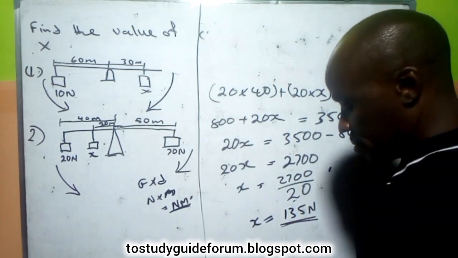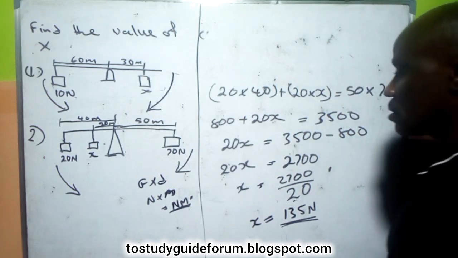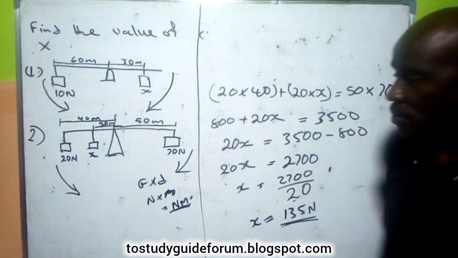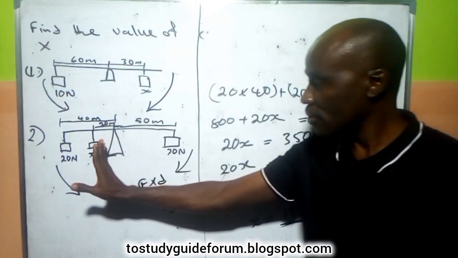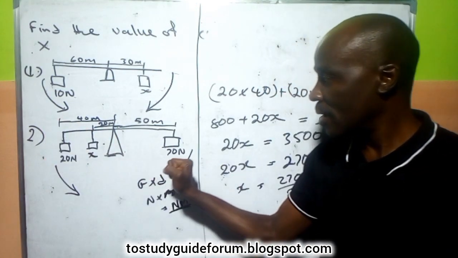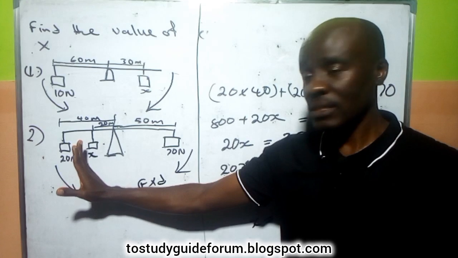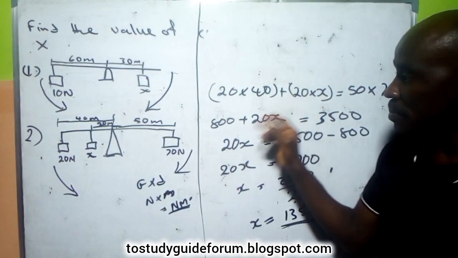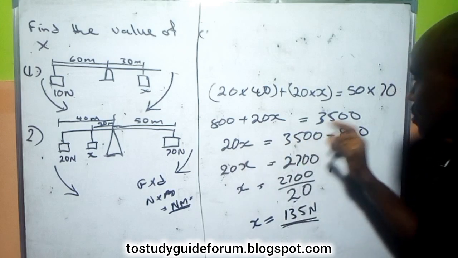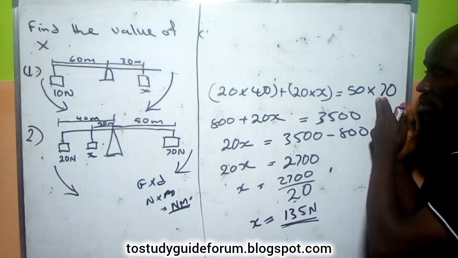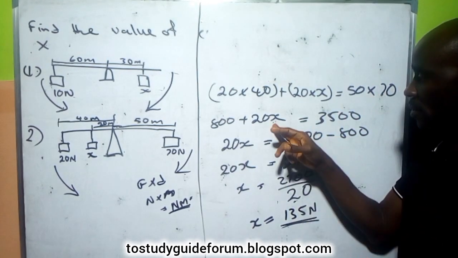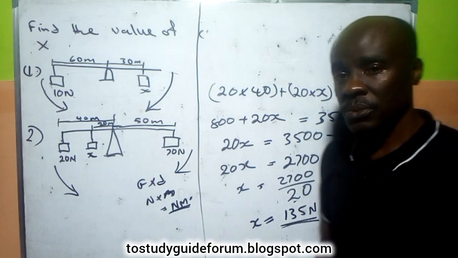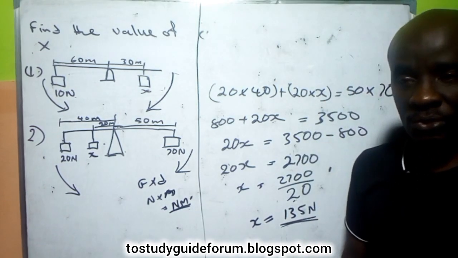So that's our last answer. So you can see how we solved it: we add up all the anti-clockwise moments together that we did here, then we bring up this and get the value of whatever we are looking for. So this is where we're going to be ending this class for today.